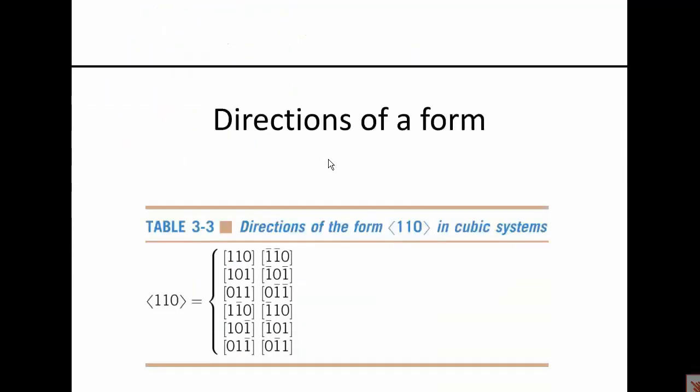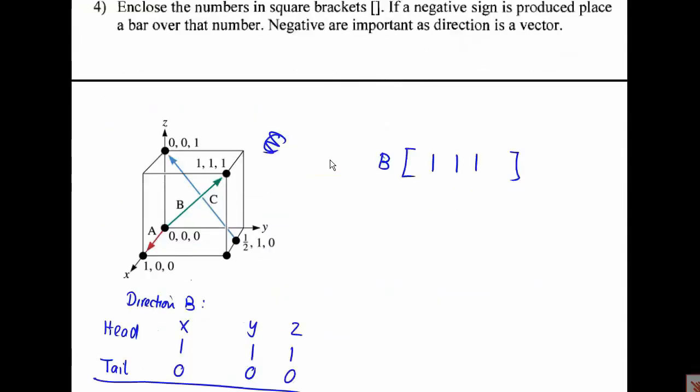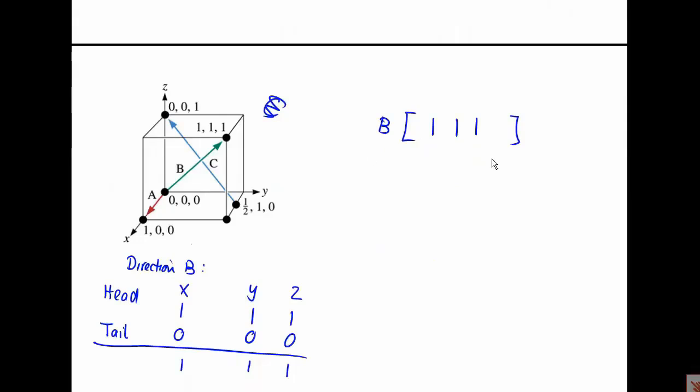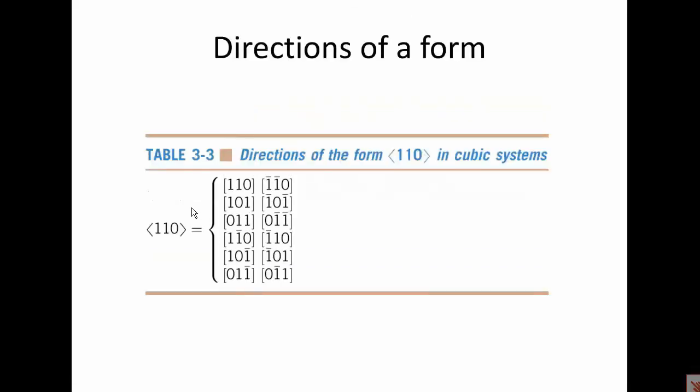Now, the values 1, 1, 1 depend upon the orientation of the coordinate system. And so we can say that groups of directions are actually equivalent. And when we say that this group of directions are directions of a form, we put angled brackets around them.